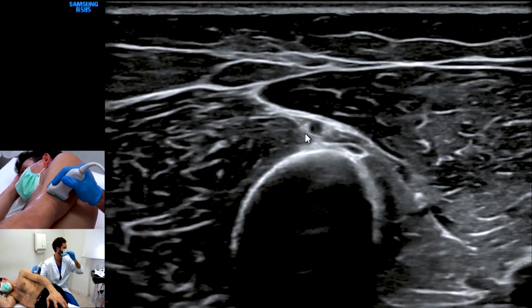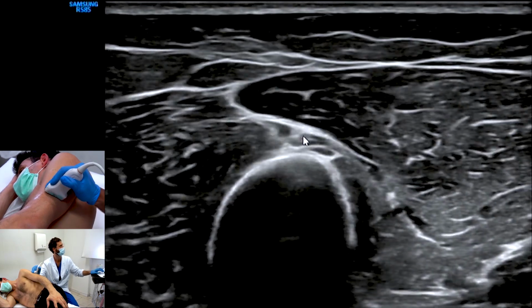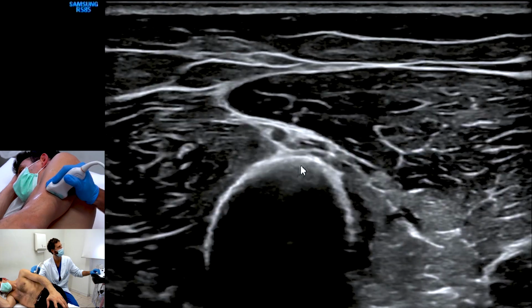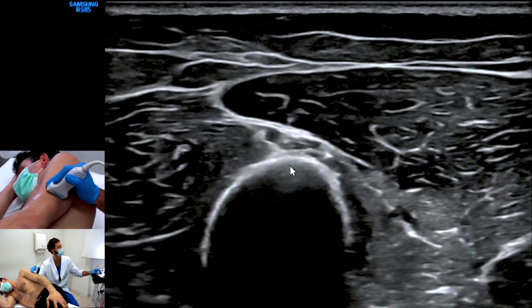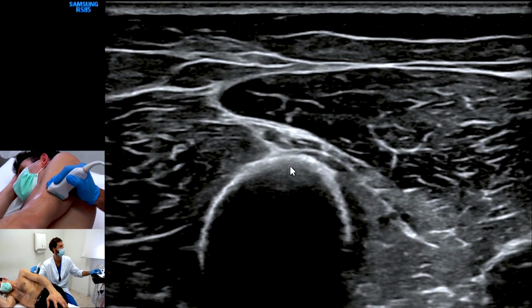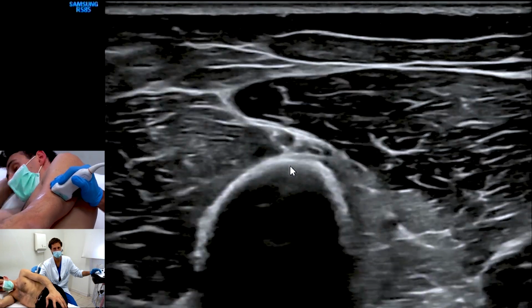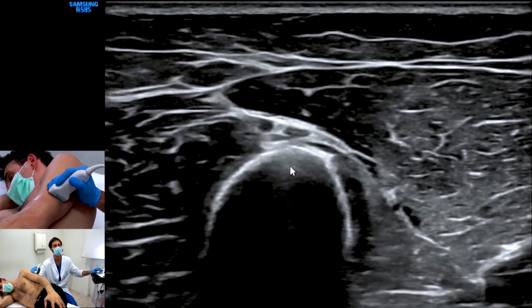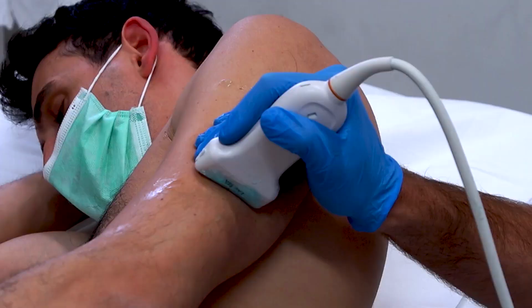This is an important site of entrapment of the radial nerve, which can be injured due to humeral fractures or subsequent surgical fixation with plates and screws. This is the most common entrapment neuropathy of this nerve.